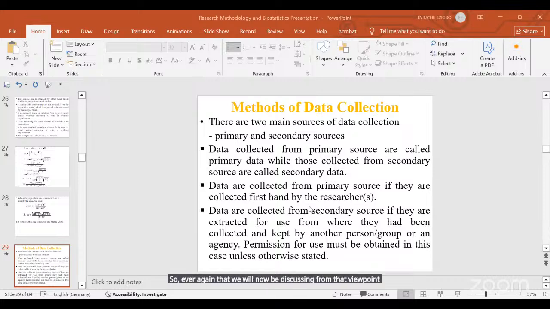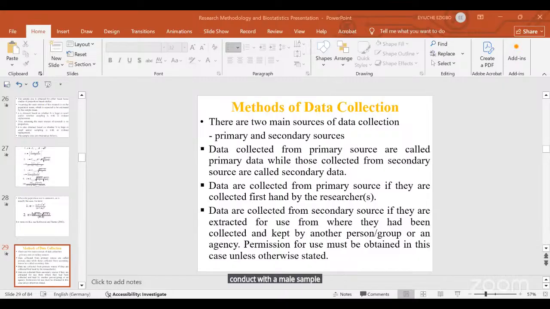So everything that we will now be discussing from this point will be on data. Having discussed the sampling, which is how to obtain the sample that we are going to use, the next thing now is how do we go about getting information from that determined sample.